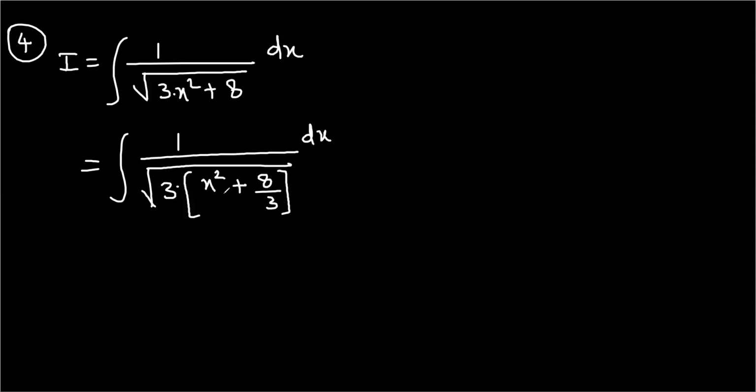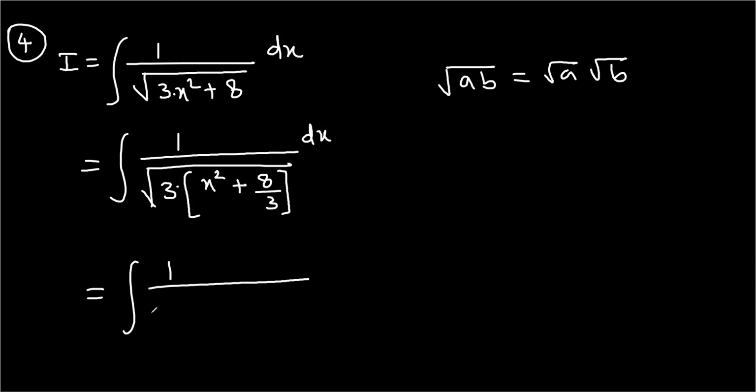Now this 3, as you all know students, root of AB is root A multiplied to root B. So here this will be 1 over root 3 out and root of x square plus 8 by 3 and dx.